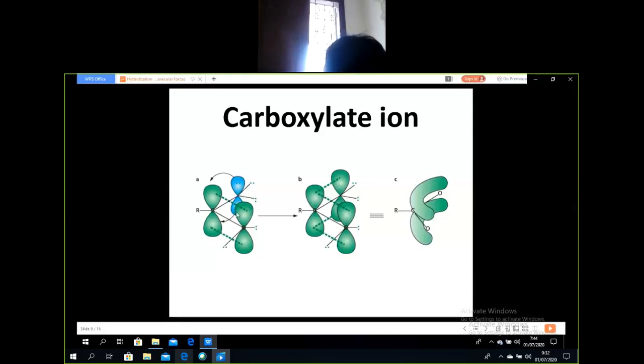So in here, this one, the blue one, must be one oxygen, one single bond. And this one, the green one, is the double bond. Why? Because the lone pair over here is only one. Although it is a double bond or single bond, they have two. Why?